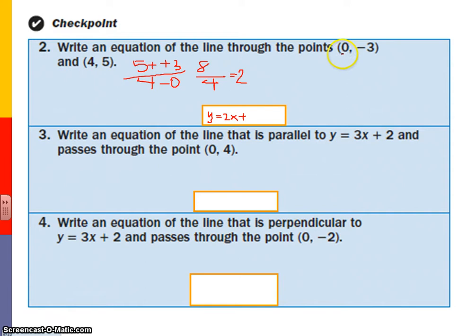What they did give me was a point that has x as 0. That means that there's the b. So you can look at the point when x is 0, you'll find your b. So your answer is y equals 2x plus -3.